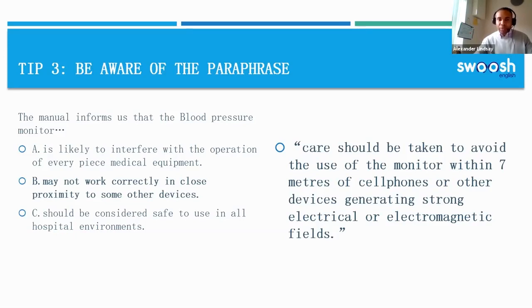So 7 meters of would be the close proximity. Other devices is paraphrased to say cell phones or other devices, and may not work correctly is basically saying, yeah, care should be taken to avoid the use of. Why should you take care to avoid the use of it? Because of the functionality, because it may not work correctly if it's used too closely to these objects.